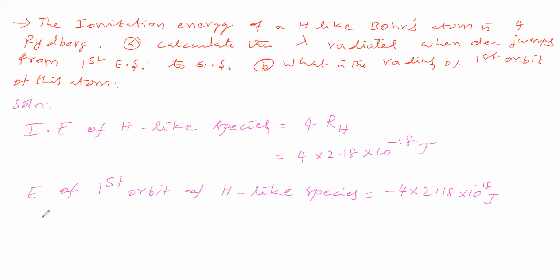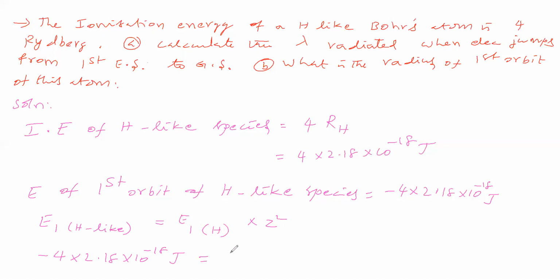The energy of the first orbit of a hydrogen-like species is equal to the energy of the first orbit of hydrogen into Z square. This is the formula we have seen already. The energy of the first orbit of the hydrogen-like species is given, that is minus 4 into 2.18 into 10 to the power of minus 18 joule.